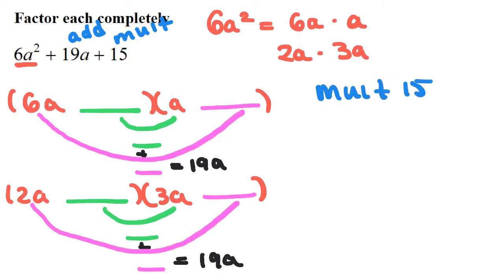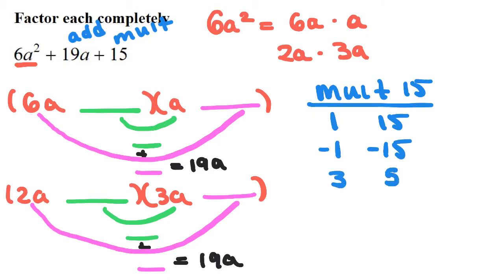Now, if I'm checking what multiplies to 15, I could have either 1 and 15, -1, -15, 3 and 5, and -3, -5. So if I start checking, to go in order, so I say +1 plus 15.